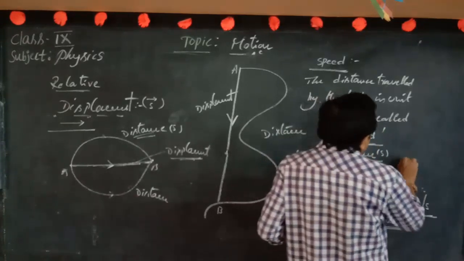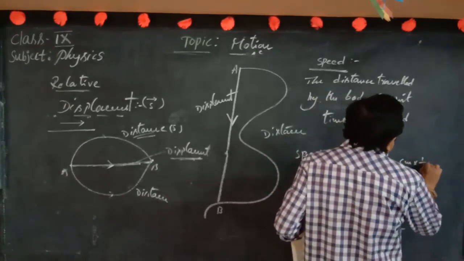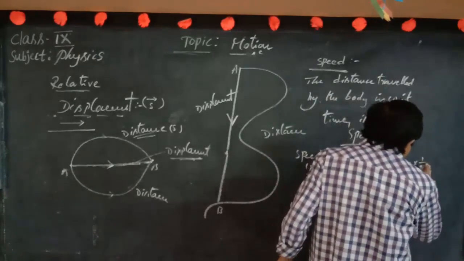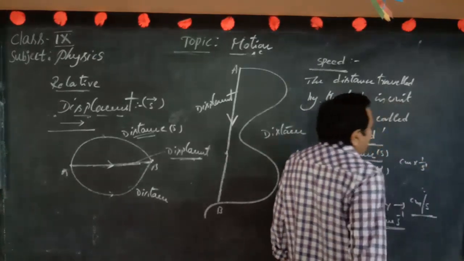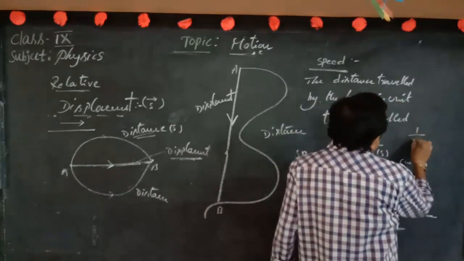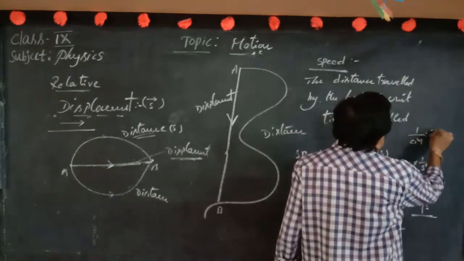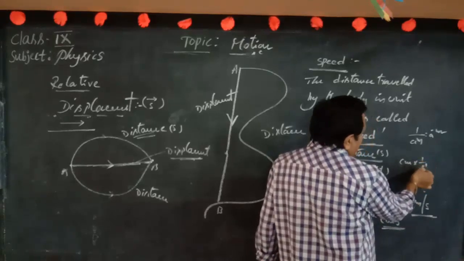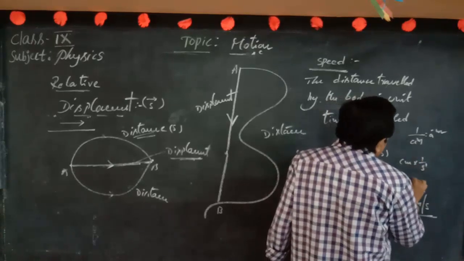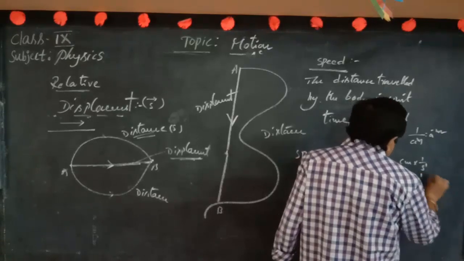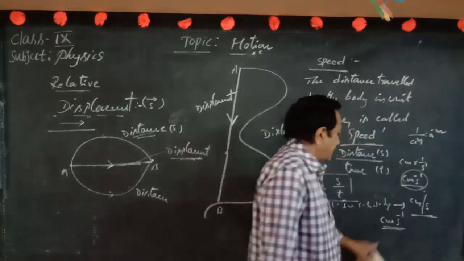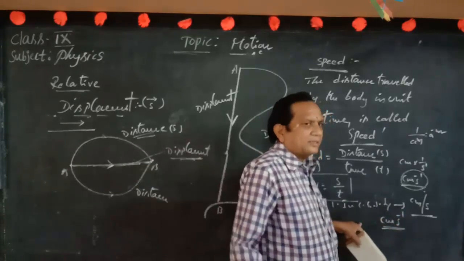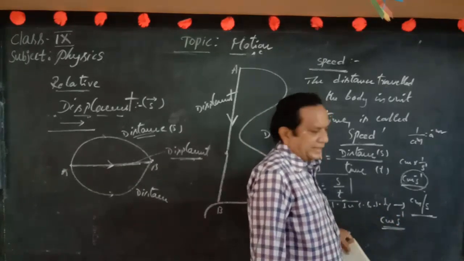According to mathematics, 1 by a to the power m is equal to a to the power minus m. So 1 by second goes up as second to the power minus 1. But it is read as centimeter per second.